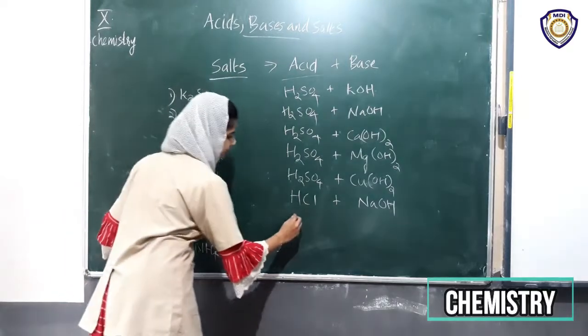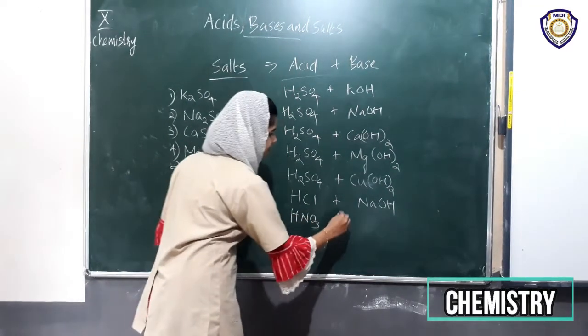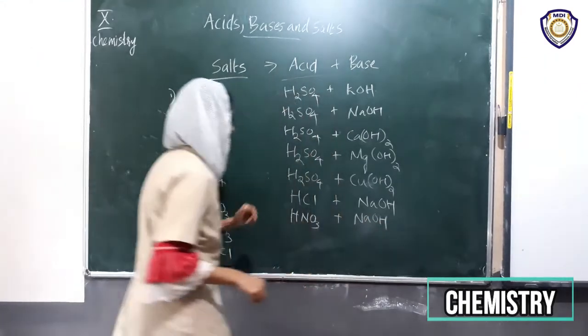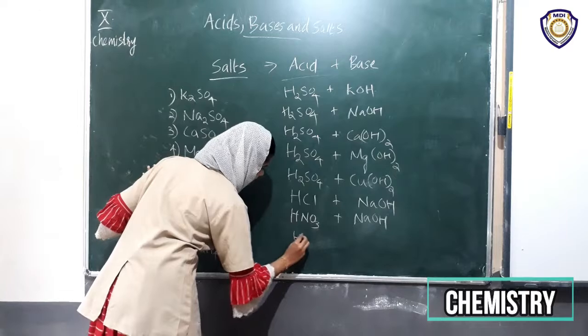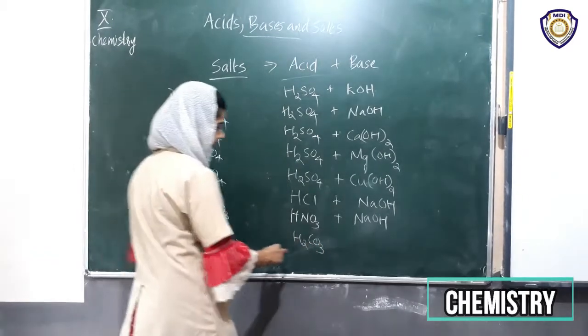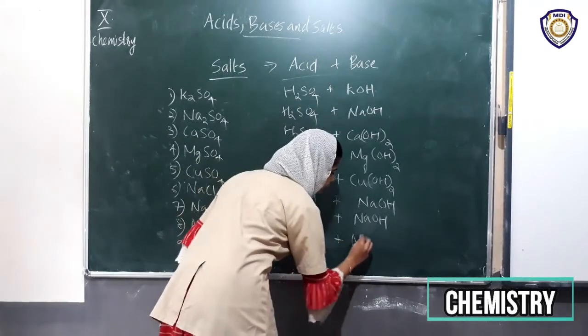Then NaNO3: HNO3 plus NaOH. Then Na2CO3: H2CO3, carbonic acid, plus NaOH.